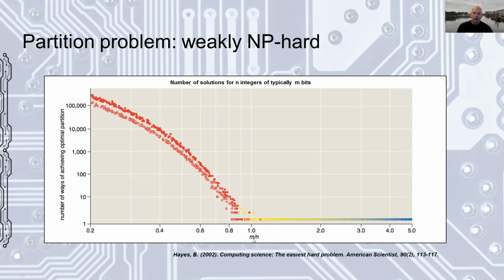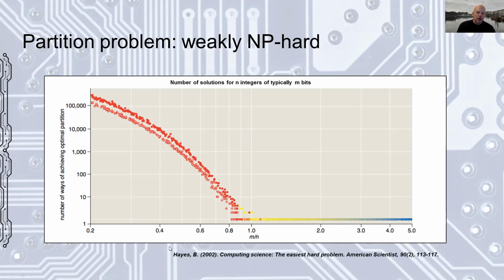So if you have a lot of bits relative to the number of integers, say over here 10 integers with 50 bits of information per integer, then it's a very hard problem because it hardly has any solutions and you have to try all the combinations of subsets.